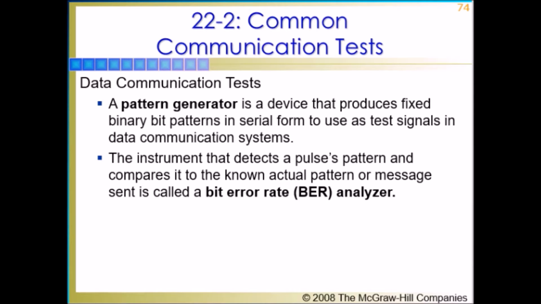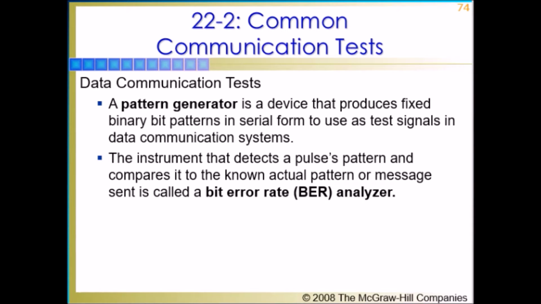Bit error rate test. At the other end of the link, the pattern generator sequence is detected and compared to the known actual pattern or message sent. Any error in the comparison indicates errors. The instrument that detects the pulse pattern and compares it is a bit error rate analyzer. It compares on a bit-by-bit basis the transmitted and received data to point out every bit error made.